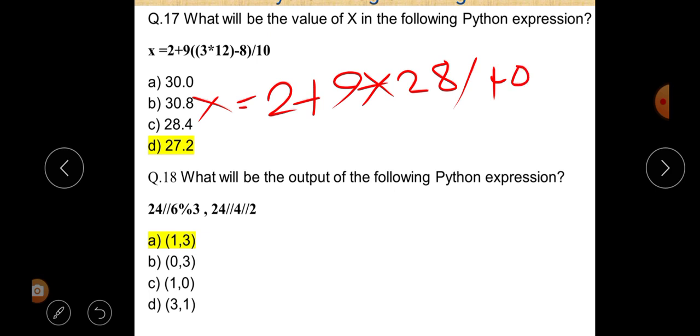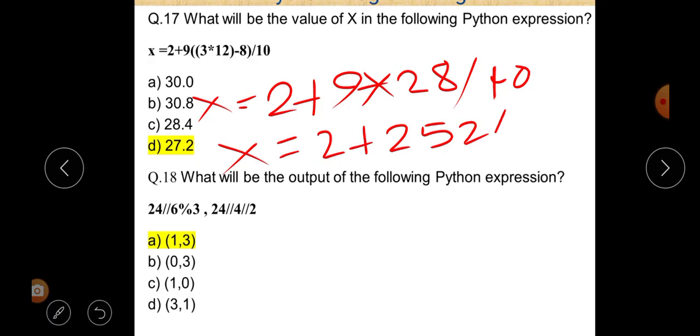When we multiply 28 by 9, it is equal to 252.